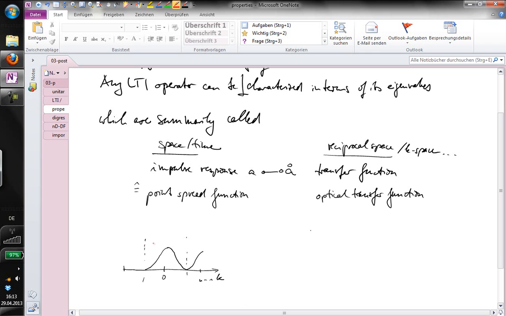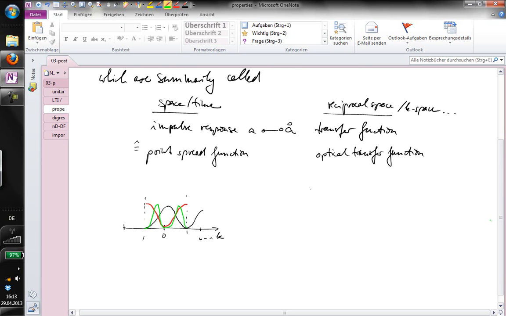That, in contrast, would be a high-pass filter, or we could have a band-pass filter and so on. And to create filters which look as desired in Fourier space but are as compact as possible in the spatial domain, that is a typical optimization problem.